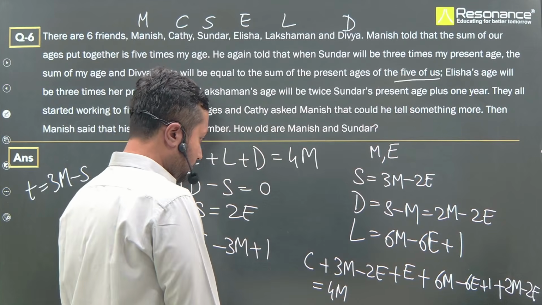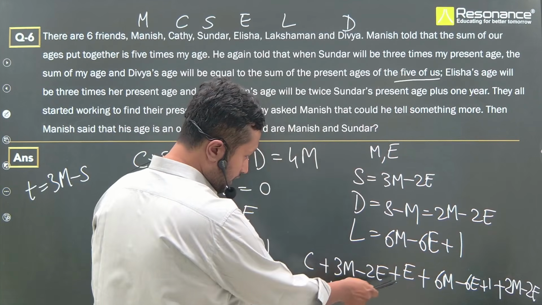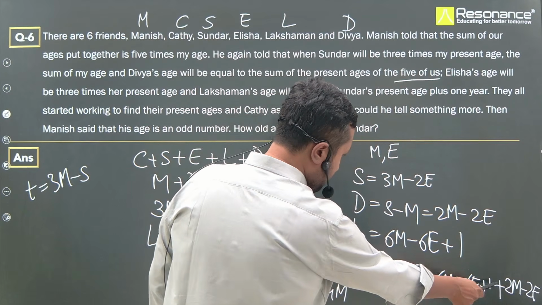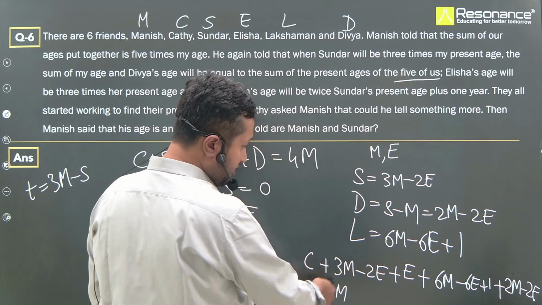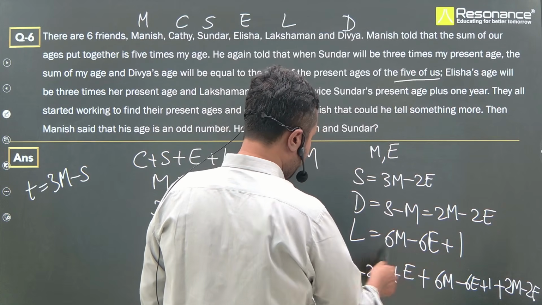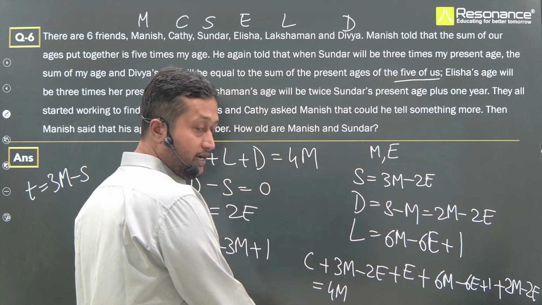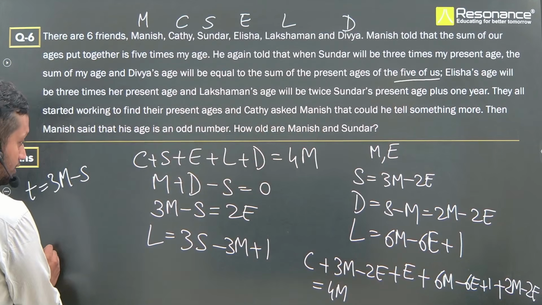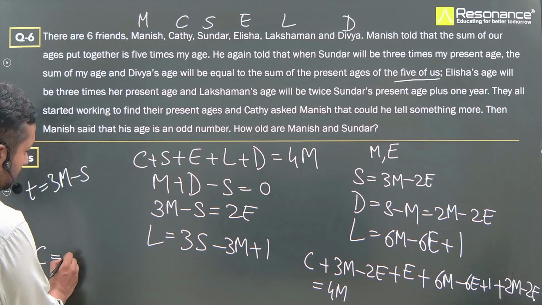Okay, so we can simplify that. How many M's do we have? 3M, 6M, 2M, and also minus 4M coming from the other side, right? So 6 plus 5 minus 4, that is 7.